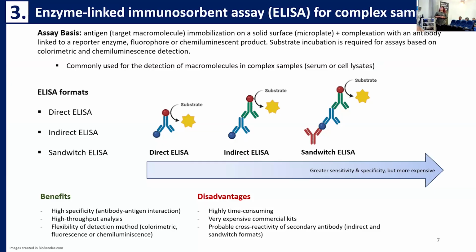This kind of kit is very interesting and has high specificity. A lot of samples can be analyzed in the same well plate because we have 96 wells. However, it is highly time consuming because we need a lot of time for incubation and cleaning, and also they are very expensive kits because we are working with recombinant proteins.